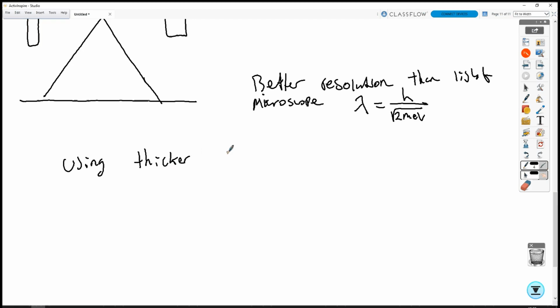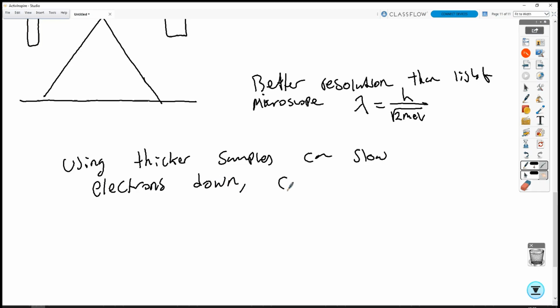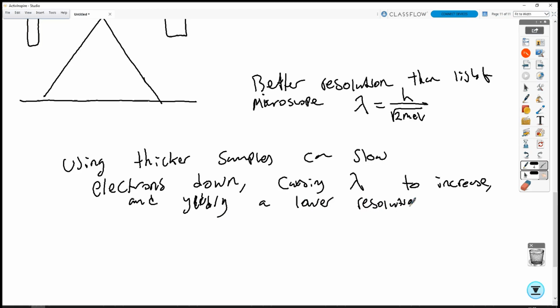So using thicker samples can slow electrons down, causing lambda to increase and yielding a lower resolution than if a thinner sample had been used.